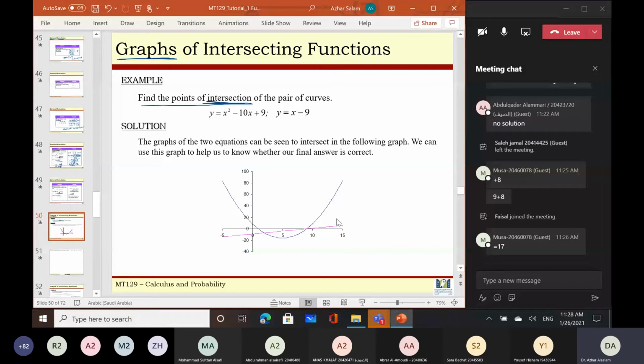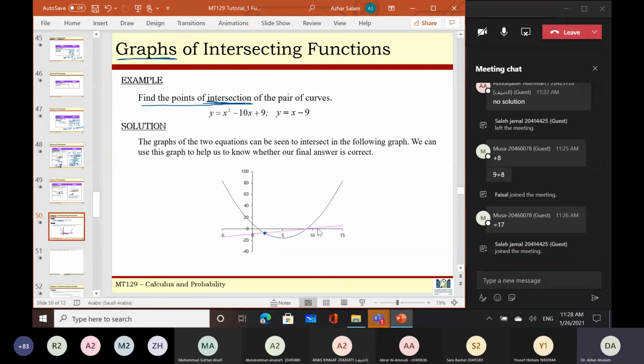Of course, if I have the graph, the point of intersection will be here. Okay, this is the first function, and this is the second function. And also here. They intersect here, as I see in the graph, in 2 points.